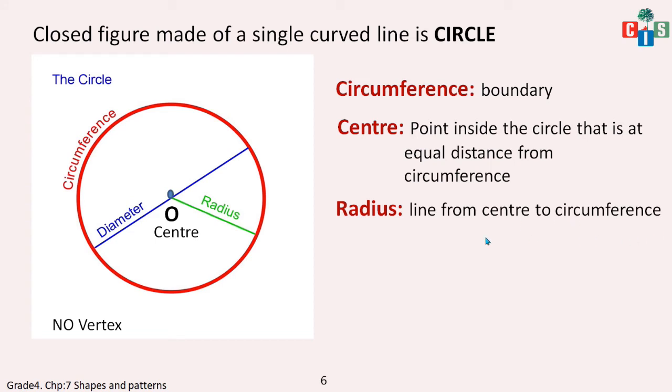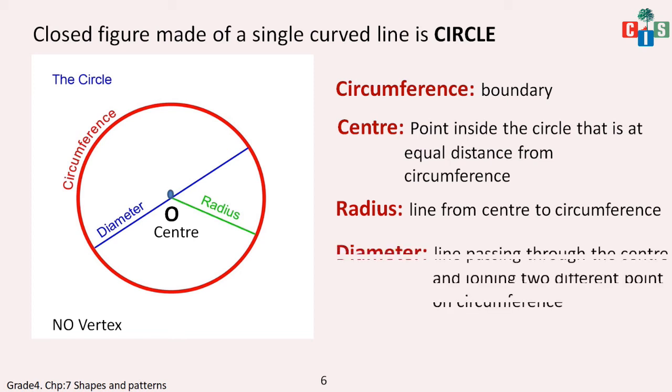What is radius? Radius means a line segment from the center of the circle to the circumference. And diameter is a line passing from one point at the circumference, passing through the center and then reaching the other side of the circumference, is known as the diameter.